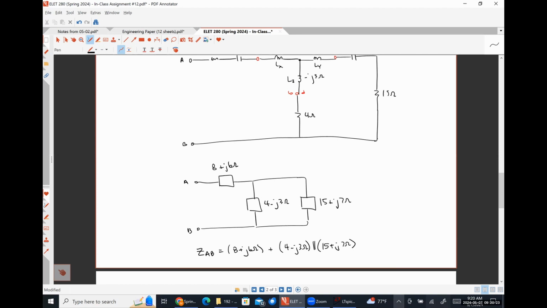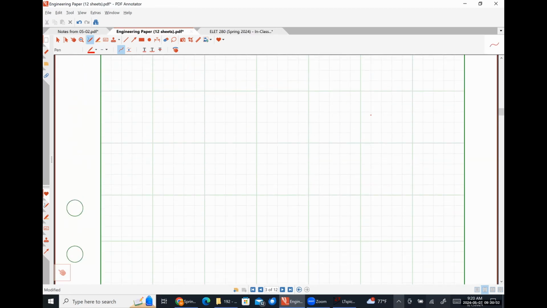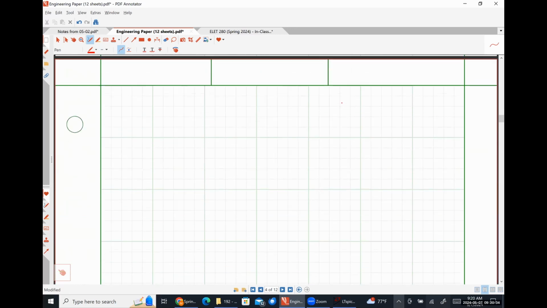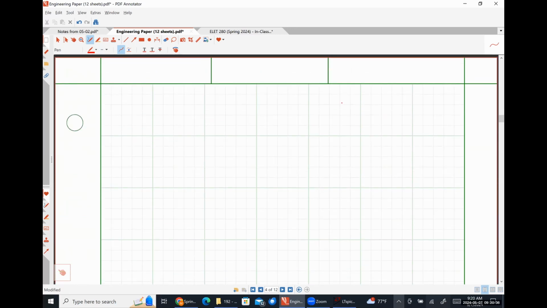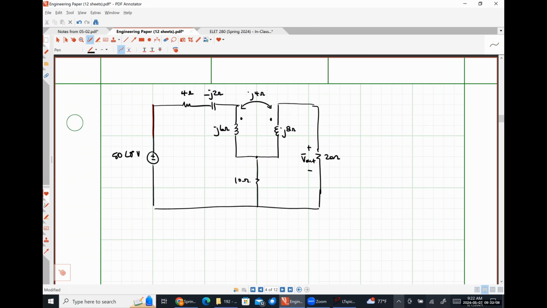So let's see how we might use an equivalent circuit to aid us in a circuit analysis problem. What if I gave you something like this? I have a circuit containing a transformer, and my ultimate goal here is to solve for the voltage V out.